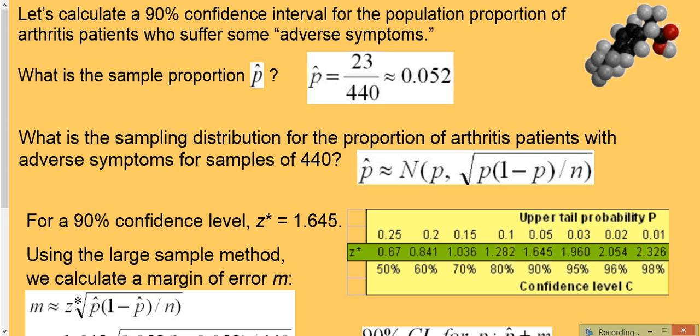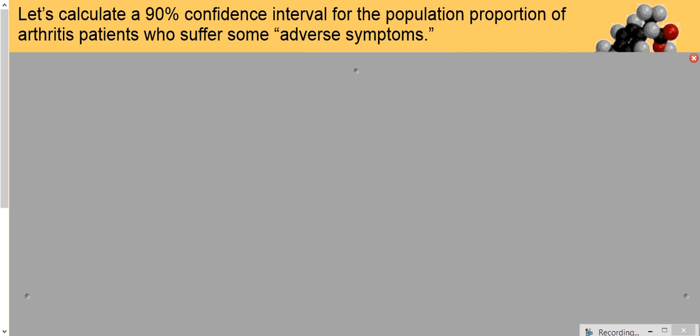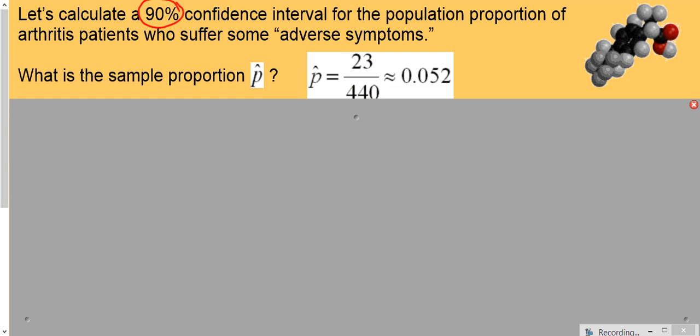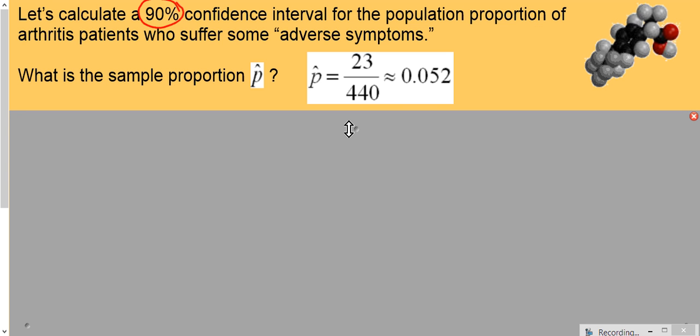So here's the question that we will apply this knowledge to. We are asked to calculate a 90% confidence interval for the population proportion of arthritis patients who suffer some adverse effects. So we have a confidence level given to us, 90%, and that's where we would use a Z star, but we're going to do it a little bit differently this time. The sample they get is 23 out of 440 people have adverse symptoms.